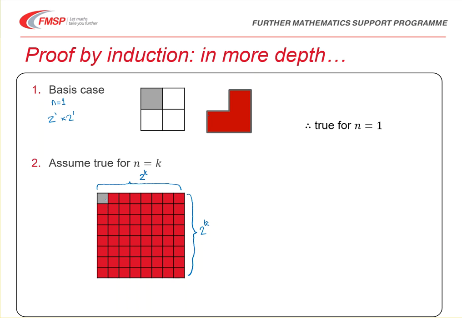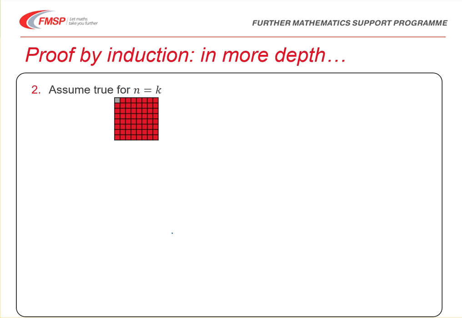And I'm assuming that if I remove one square, the whole of the rest of that grid can be completely tiled with a series of L-shaped trominos with no spaces left and no overlaps. So that's my assumption.